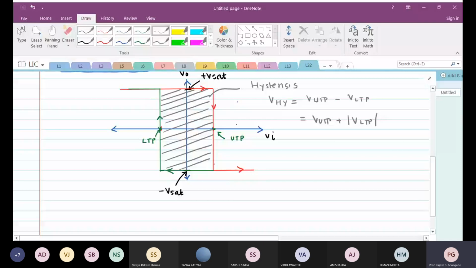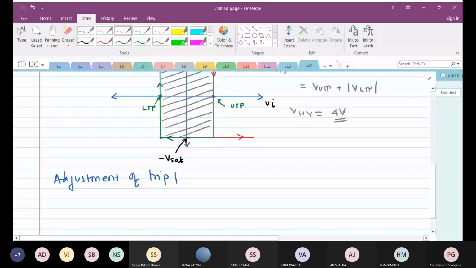What we are going to do is introduce 2 diodes like this. That's all. This connection goes here.